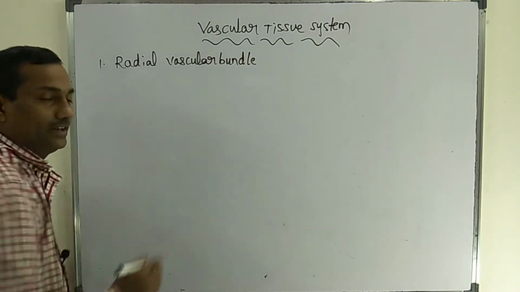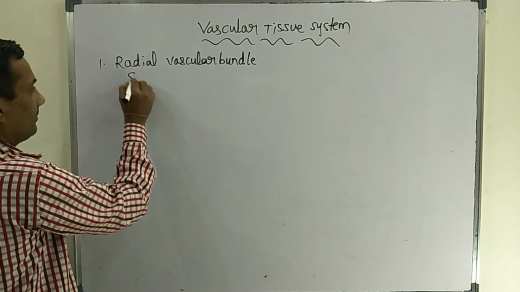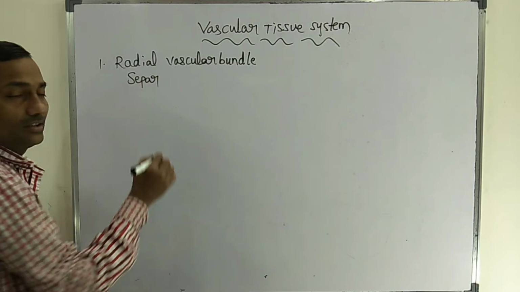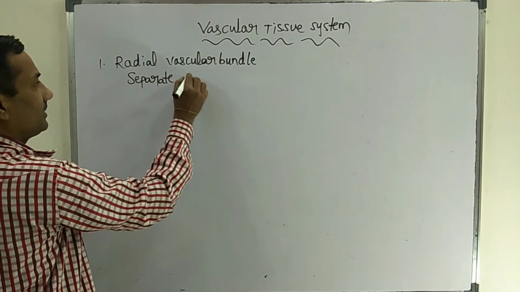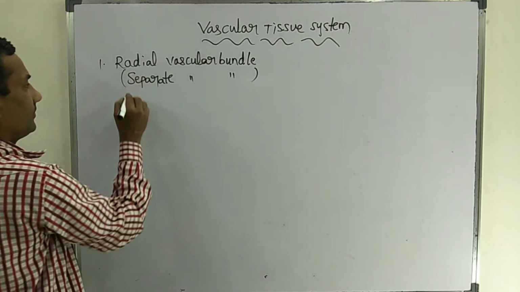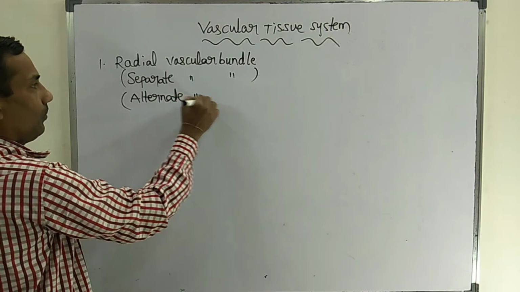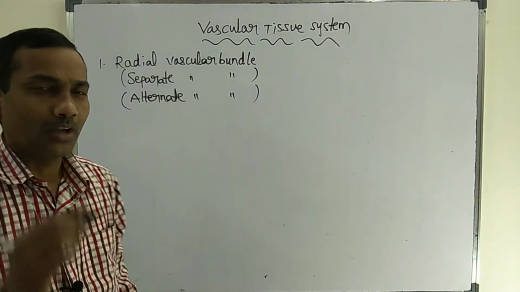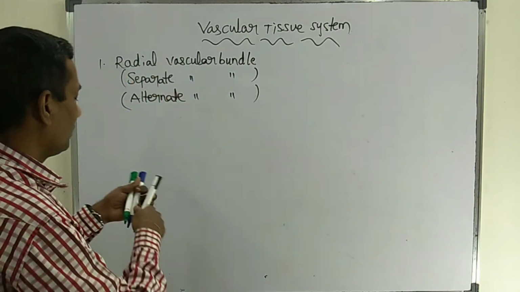First type of vascular bundle, radial vascular bundle. Radial vascular bundle is also known as separate vascular bundle. There are different terms for this vascular bundle. These are also known as alternate vascular bundles. How are xylem and phloem tissues arranged in this type?